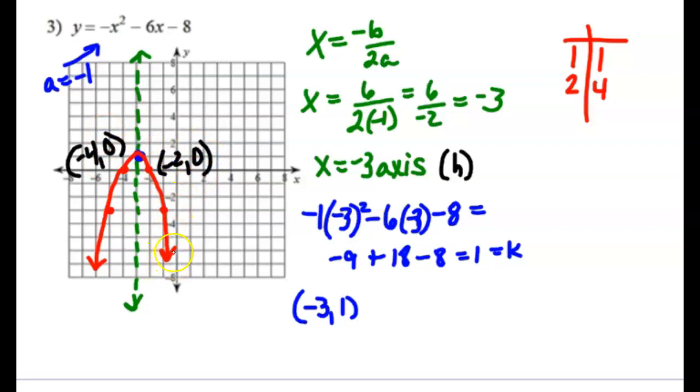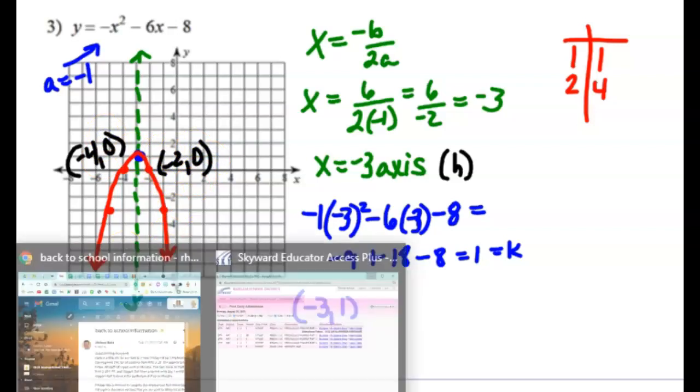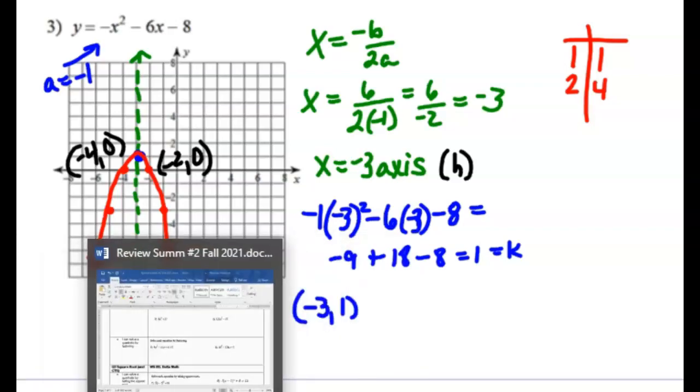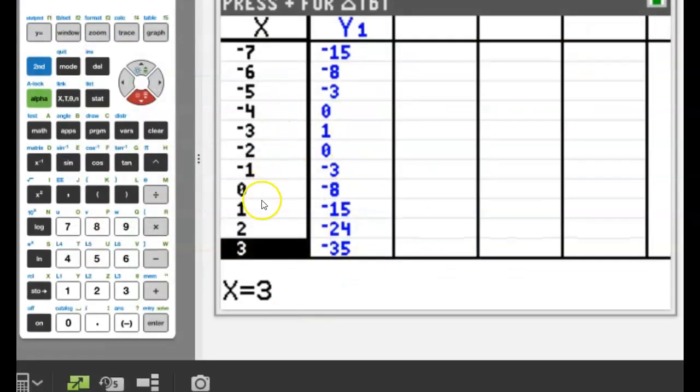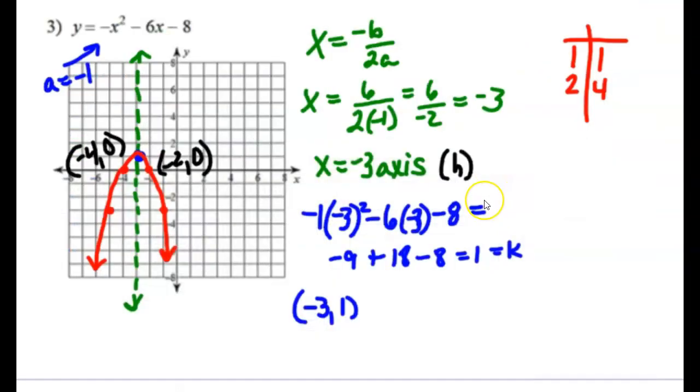How would you figure out the y-intercept? Go back to your table and put in a 0 for x. Right here it says it's down at -8. So this would cross down here at -8.